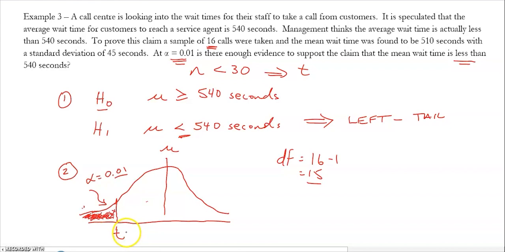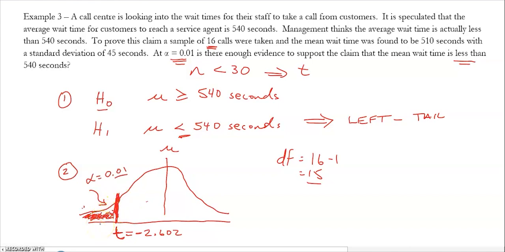So in this case, t is equal to 2.602. And actually, we're missing one small thing, and that is negative 2.602. Because it's on the left-hand side of the mean, that means the value has to be negative. So now we know our critical value, or the fence in this case, is going to be negative 2.602.